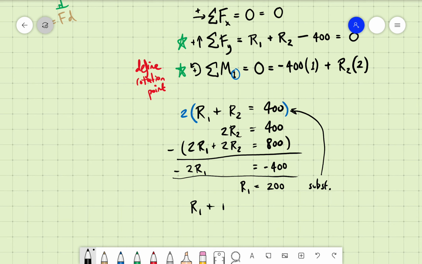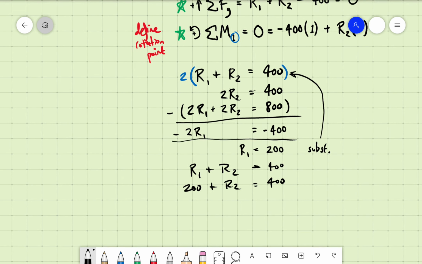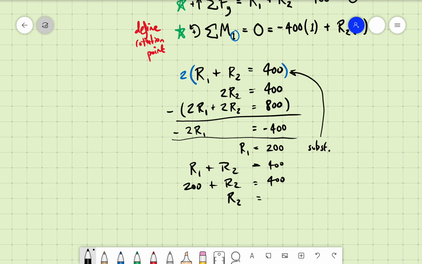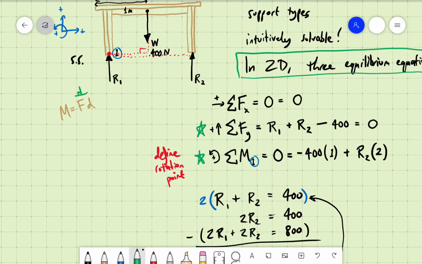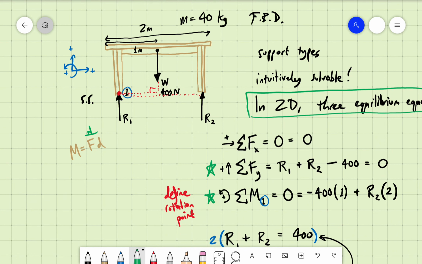If R1 plus R2 equals 400, but R1 equals 200, I can sub that in and it's going to take care of itself. Subtract 200 from both sides. Look at that, my goodness. I have two answers right here. R1 is 200, R2 is 200, and that is exactly what we expected. Because it's a symmetrical table, it's a 400 Newton table, so we would expect the 200 to be there on both sides.